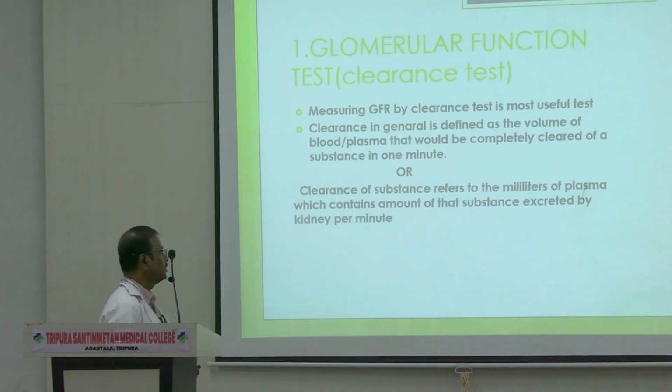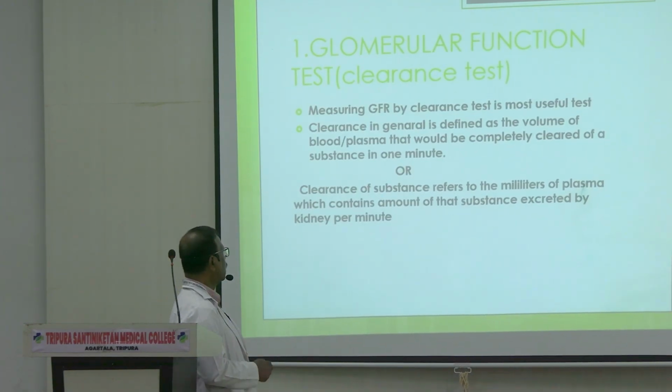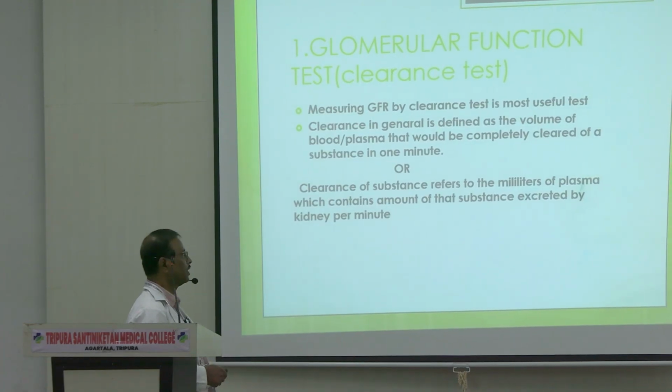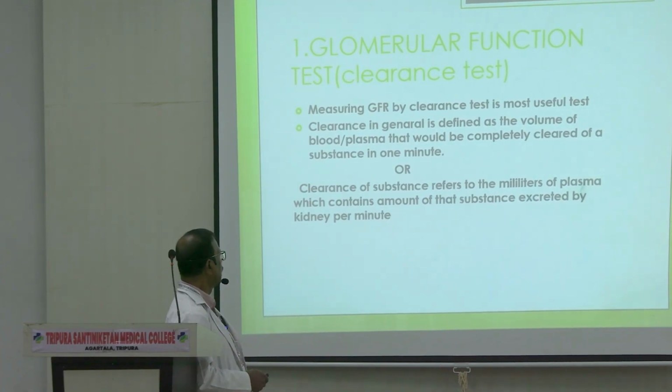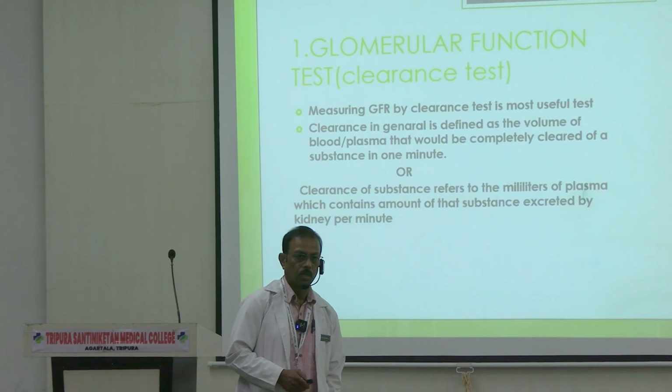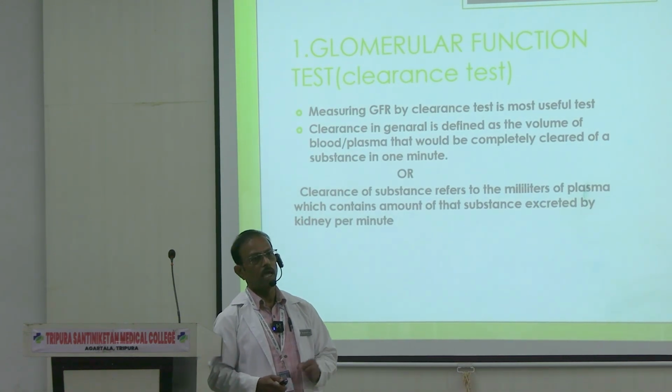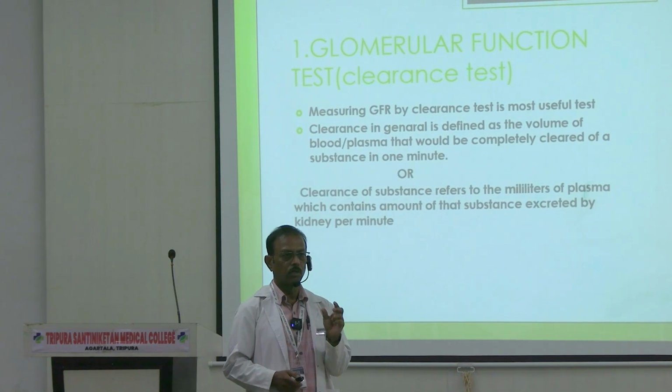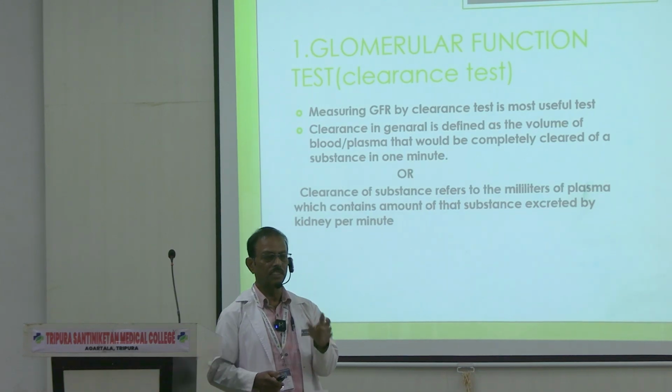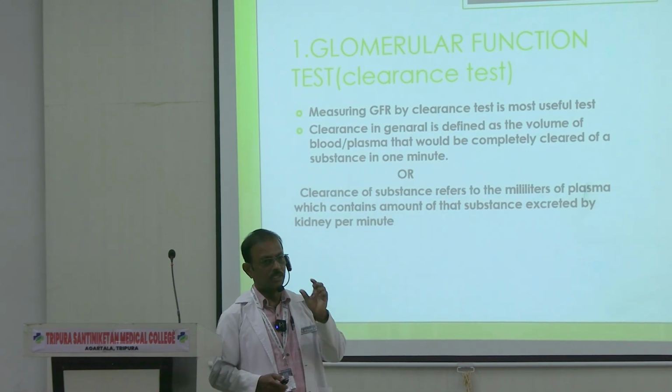Or clearance of substance refers to the milliliter of plasma which contains the amount of substance excreted by the kidney per minute.